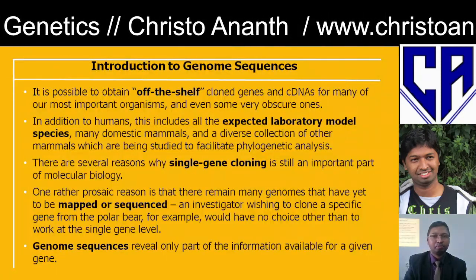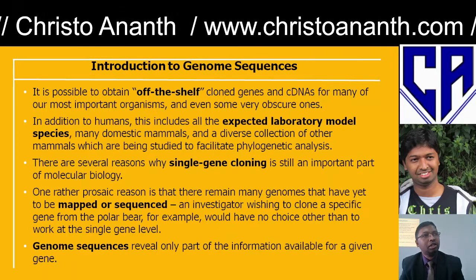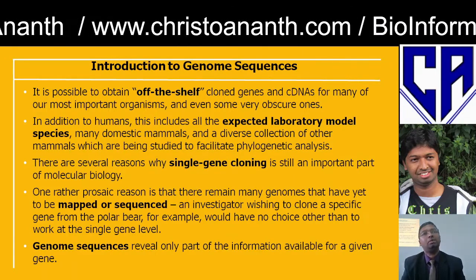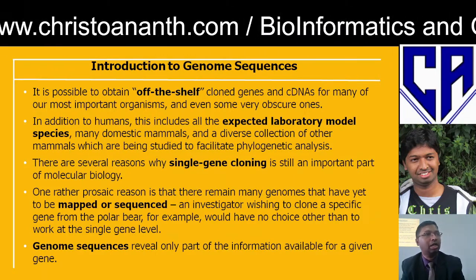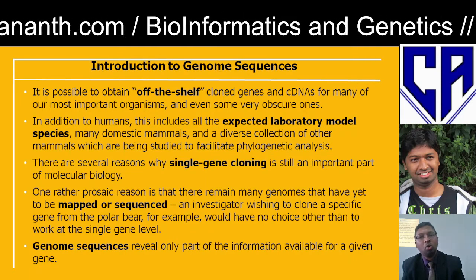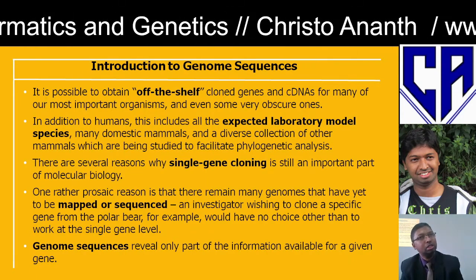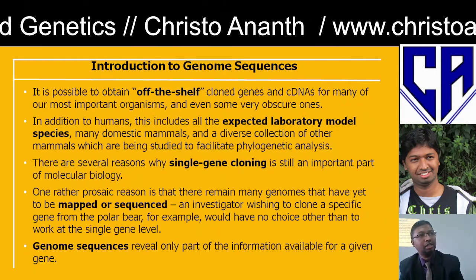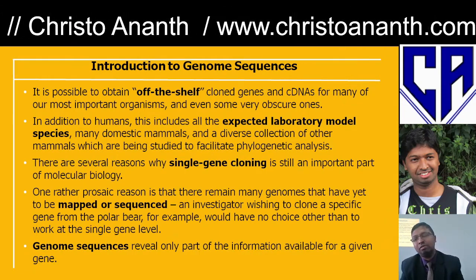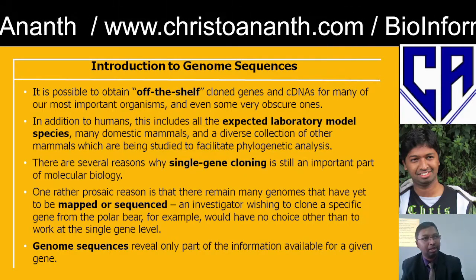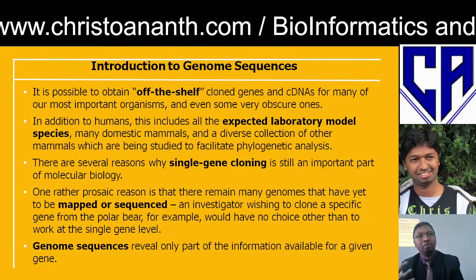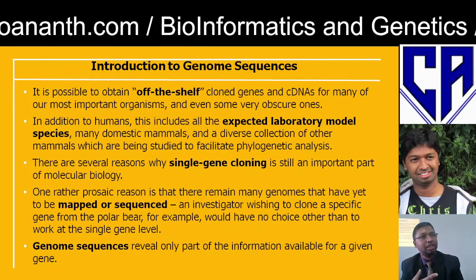Whenever you're talking about genomic sequences, about genes, generally we will have OTS, that is nothing but off-the-shelf cloned genes. Here we will be analyzing the complementary DNA sequences for different organisms, maybe monkey or human beings, or whatever living organisms have evolved.